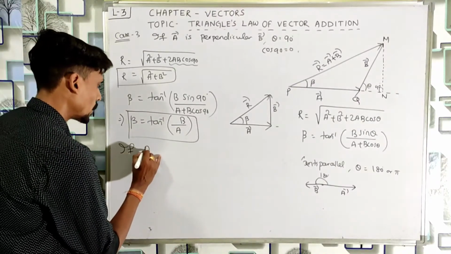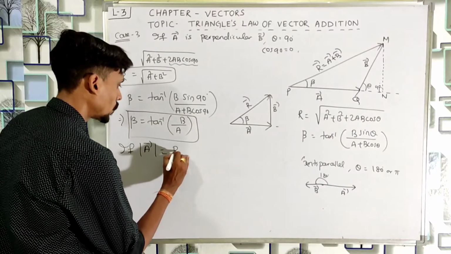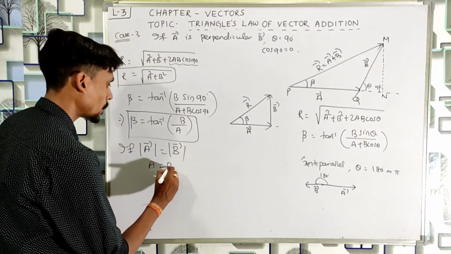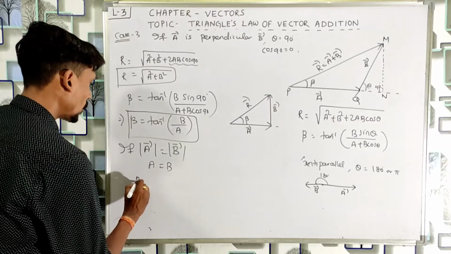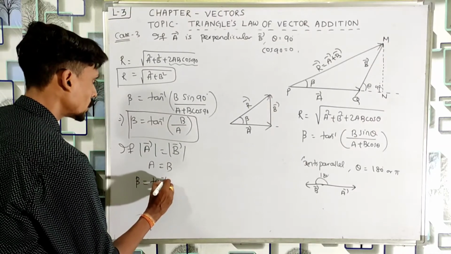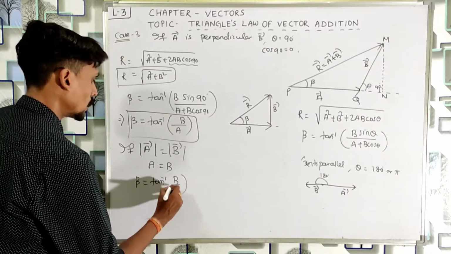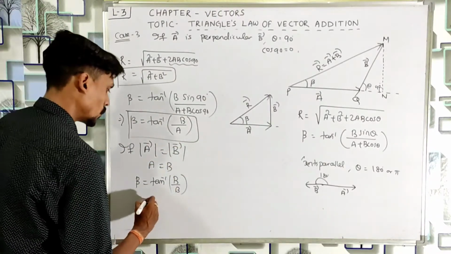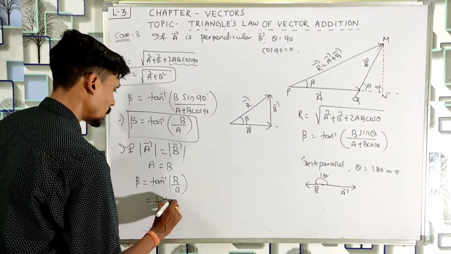If modulus of A is equal to modulus of B, means A equal to B, then beta will be how much? Tan inverse B by B, because B and A both are the same, so B by B is 1, so tan inverse 1 is how much?